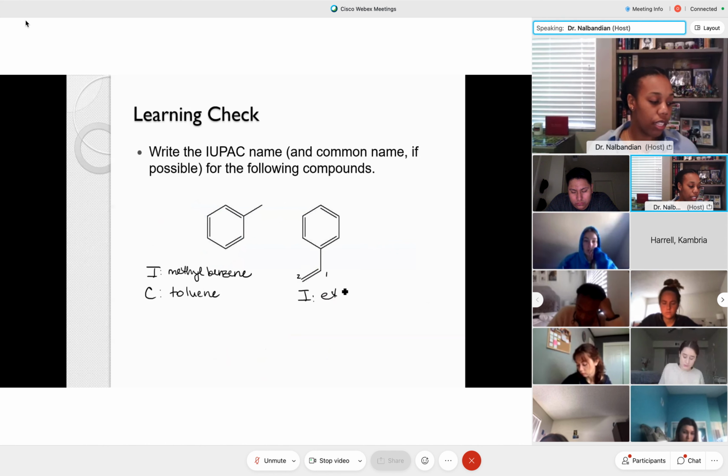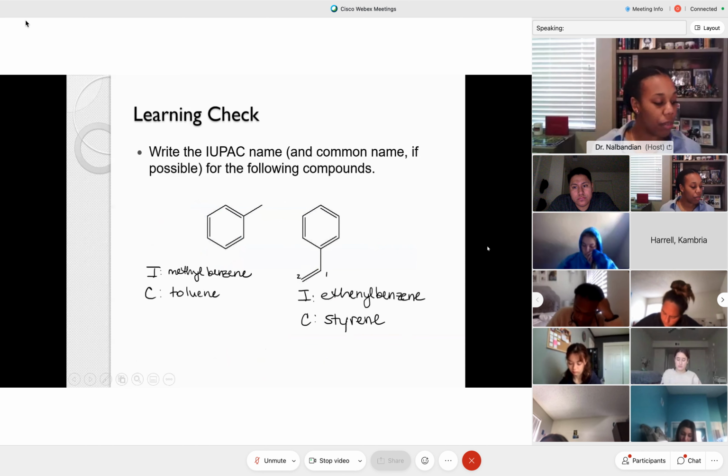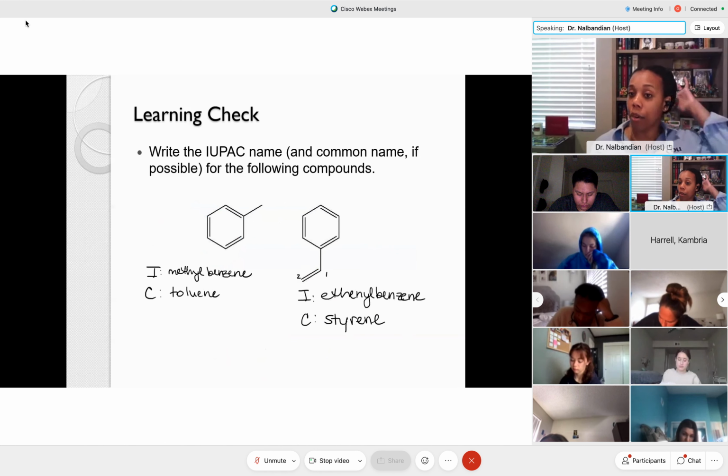So we just call this ethenyl benzene. But you need to recognize that this is styrene for the common name. Remember, styrene is used to make styrofoam. This is the monomer used to make the styrofoam polymer.